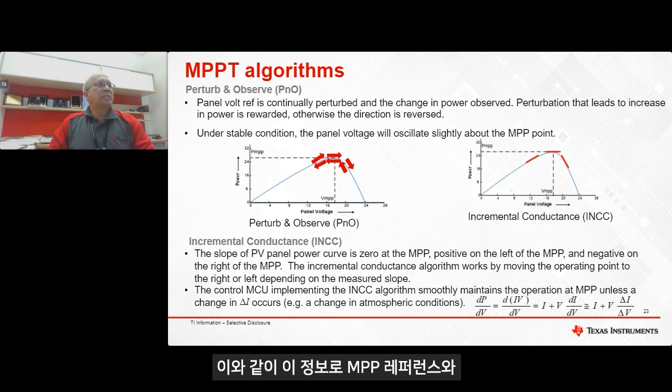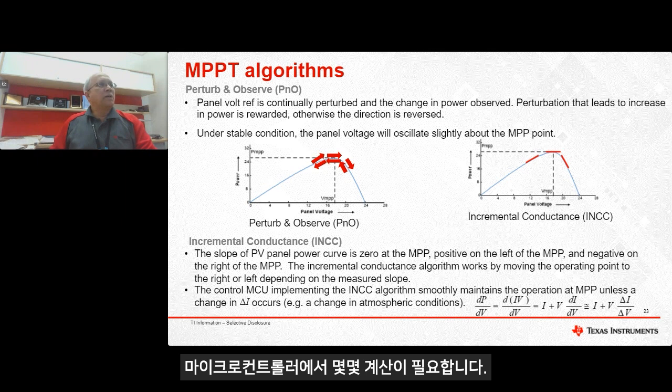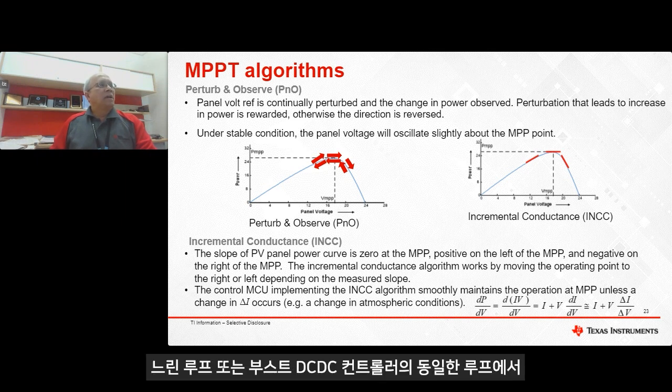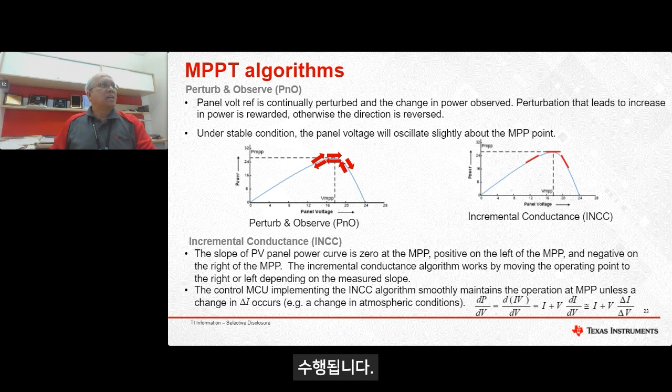This information is used to calculate the VMPP reference PV voltage and maintain operation at the PMPP point. So these are two algorithms; there are other algorithms that can be used. This requires some computation by the microcontroller, which will implement these algorithms in a slower loop or in the same loop as the boost DC-DC stage controller.